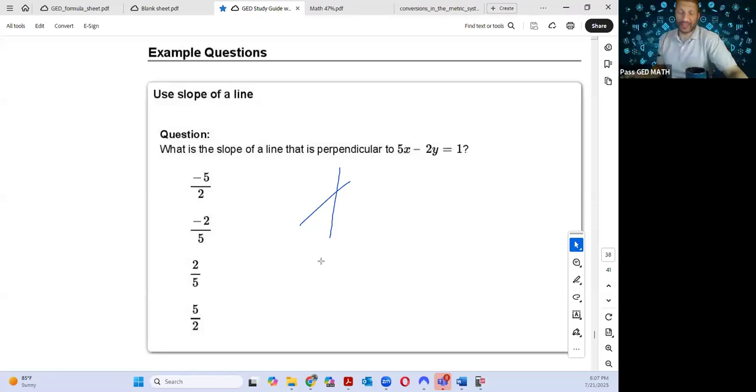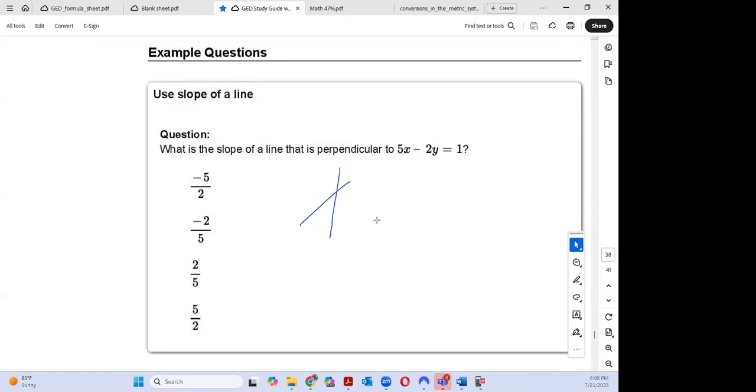Because I heard somebody say two lines that intersect. Well, those two lines intersect, but is that perpendicular? Yeah, I'm going to say yeah.